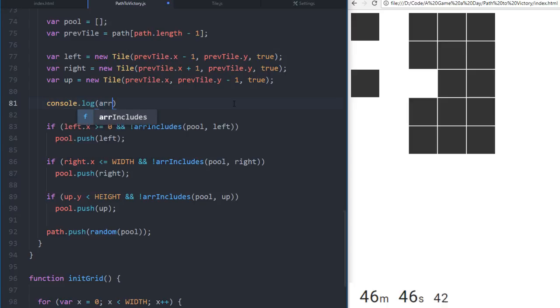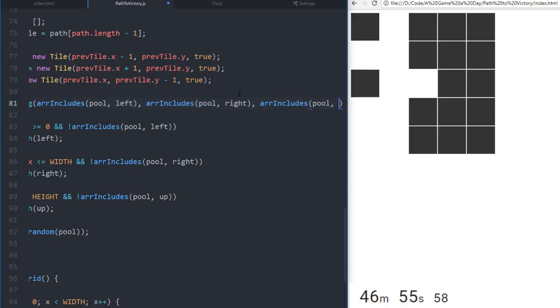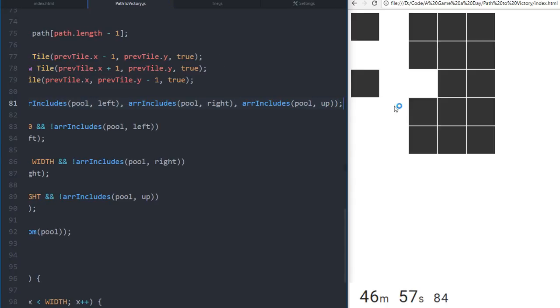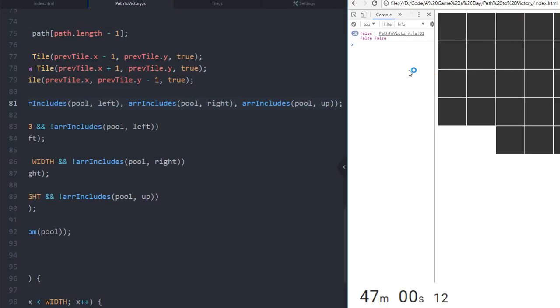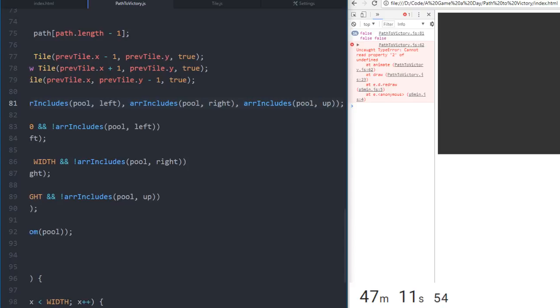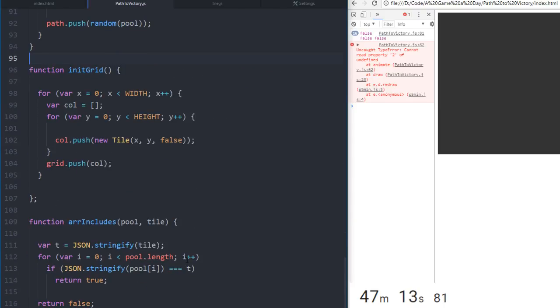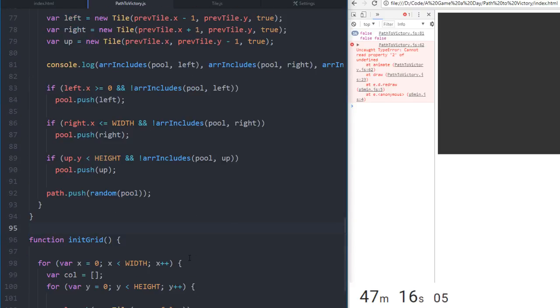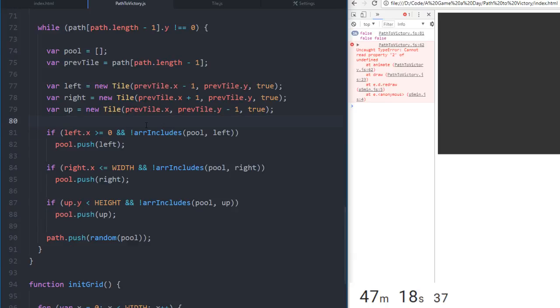Console.log pool includes pool left. We need all of these actually. Up. There. False. See, we go back. Delete this.